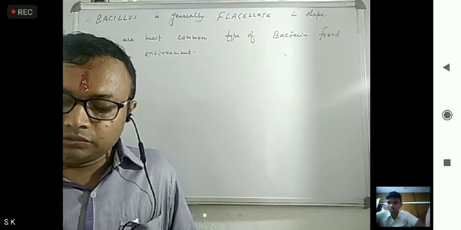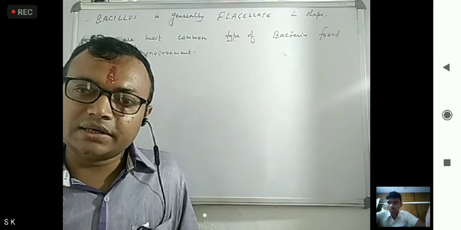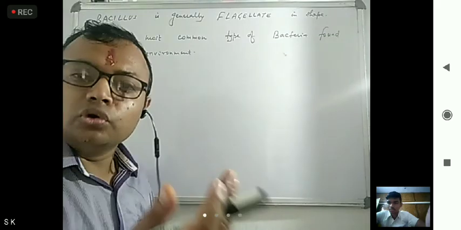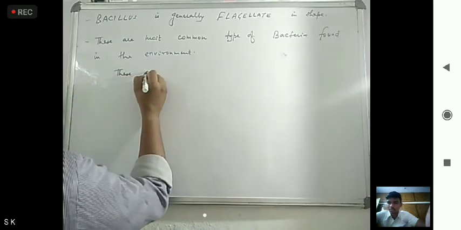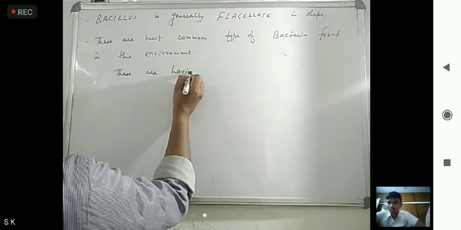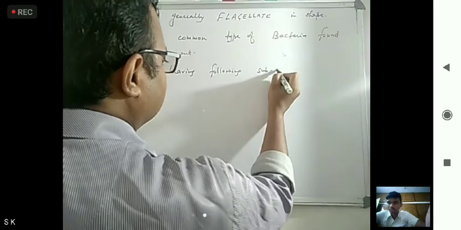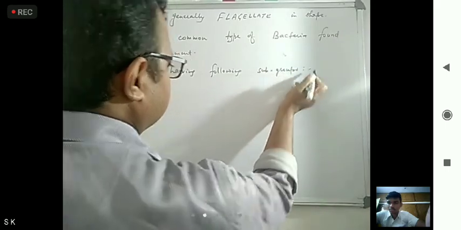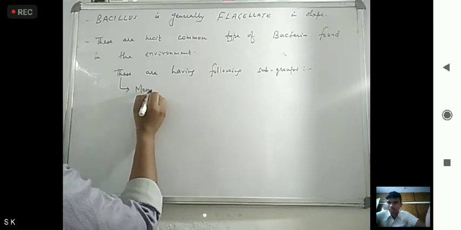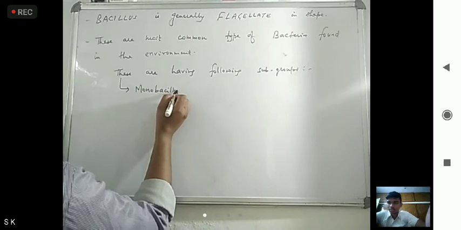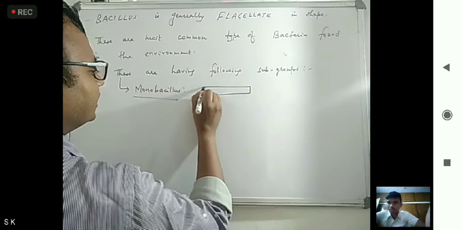Now this also has some subgroups. Under that, what groups are there? Like monobacillus, diplobacillus. So these have the following subgroups. First is monobacillus, meaning they have a rod-like shape but in single form.